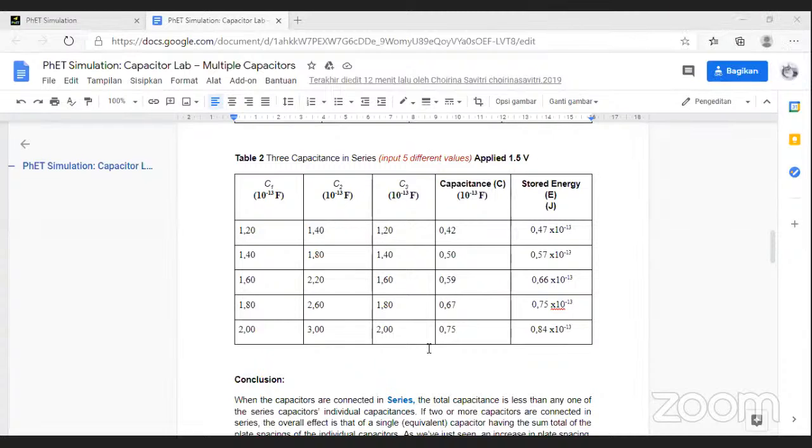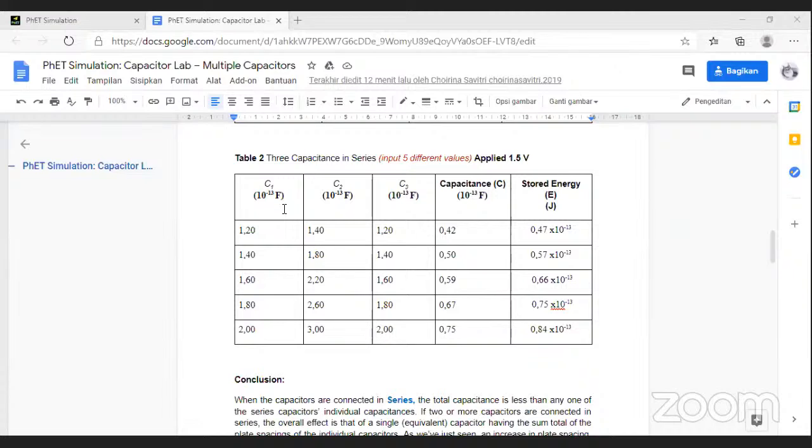Okay. Stored energy 0.57 times 10 to the power of minus 13.